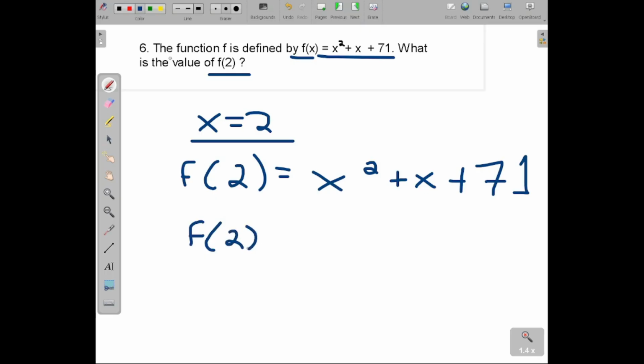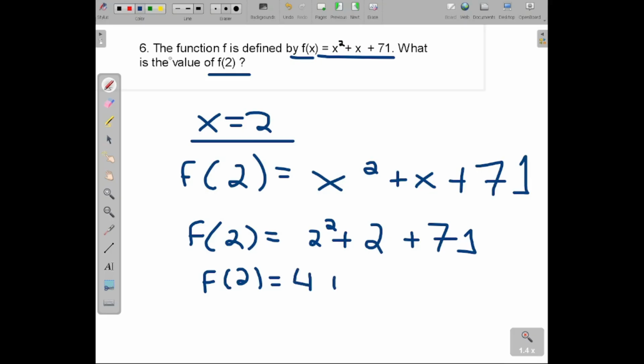F of 2 is equal to, x is equal to 2, so 2 to the power of 2 plus 2 plus 71. F of 2 is equal to 2 squared is 4, 2 times 2 is 4, plus 2 plus 71.